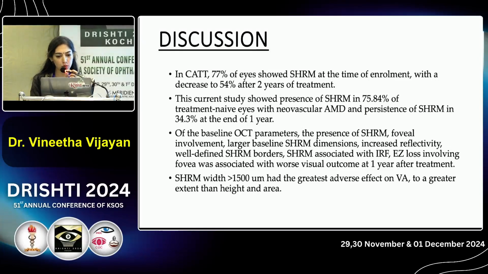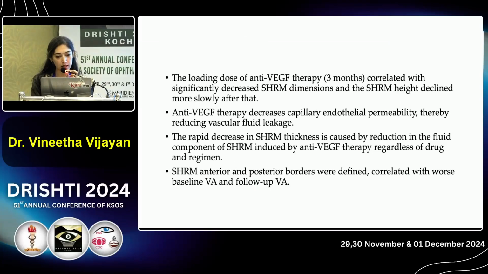Of the baseline OCT parameters, the presence of SHRM, the foveal involvement, larger baseline SHRM dimensions, increased reflectivity, well-defined SHRM borders, SHRM associated with IRF, and EZ loss were all associated with worse visual acuity at 1 year after treatment. SHRM width of greater than 1500 micrometers had worse visual acuity to a greater extent than the height and area.